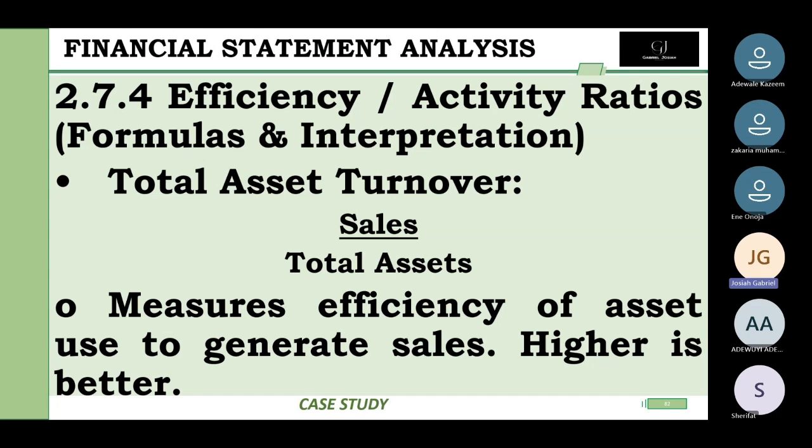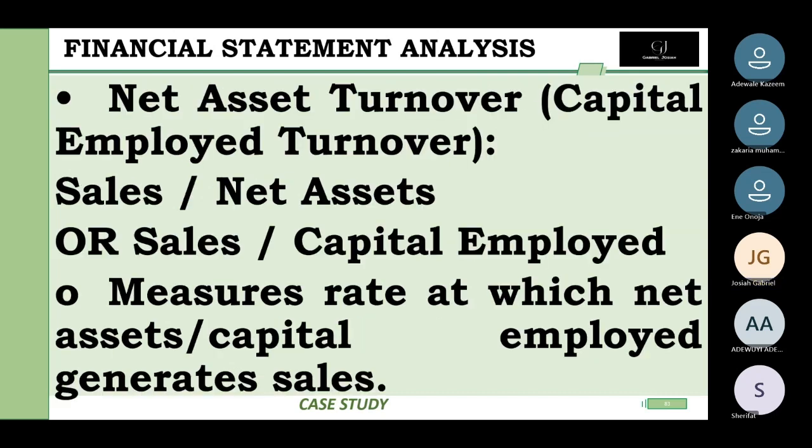So total asset turnover, and your total asset is your fixed, which is your non-current asset plus your current assets as a denominator, and the numerator is your revenue to generate your total asset turnover. We also have the net asset turnover, which is also known as capital employed turnover. When you hear net asset, you know it's your total assets less your current liabilities.